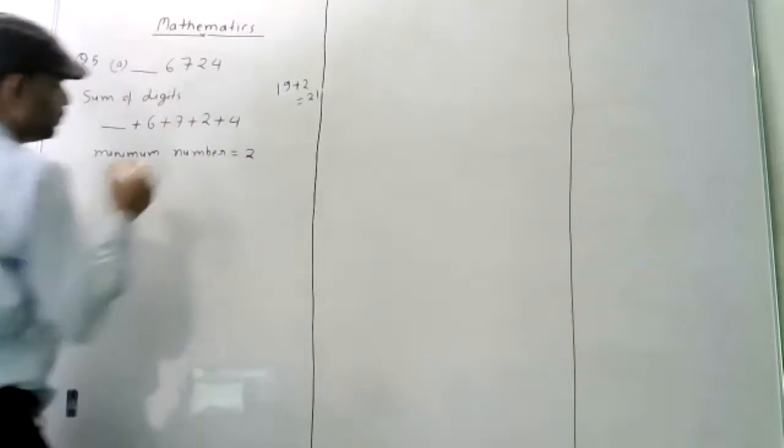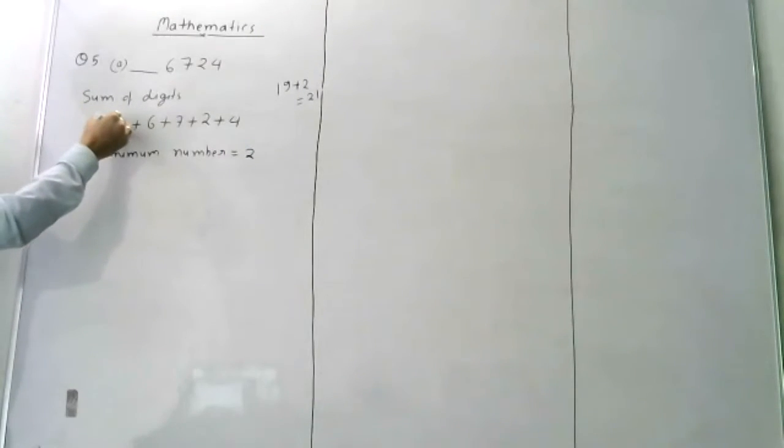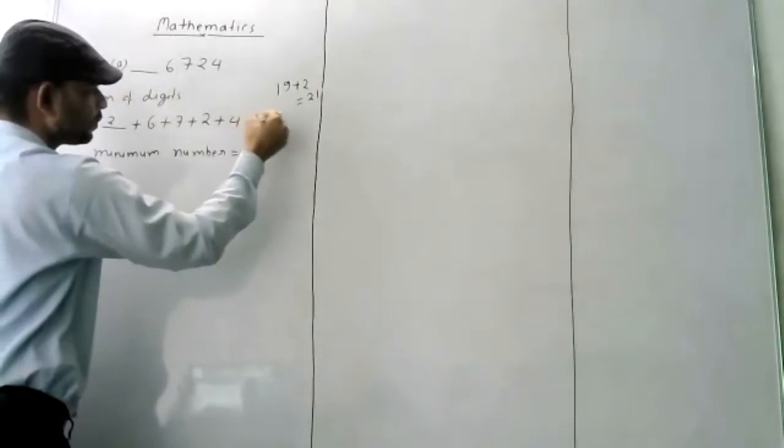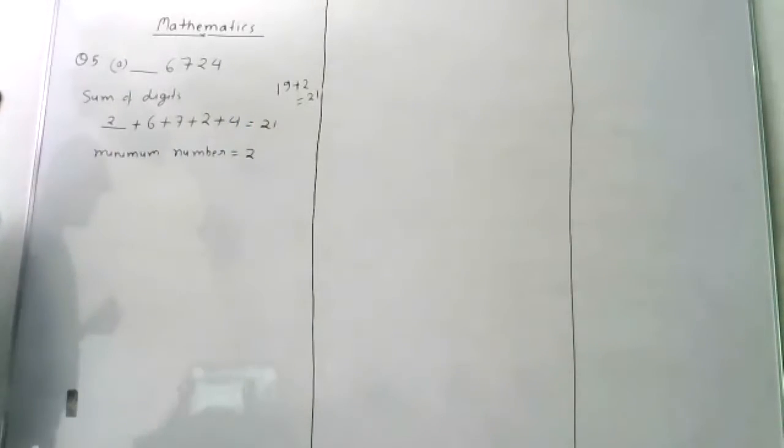equal to 2. Here if we take 2, the sum is 21.